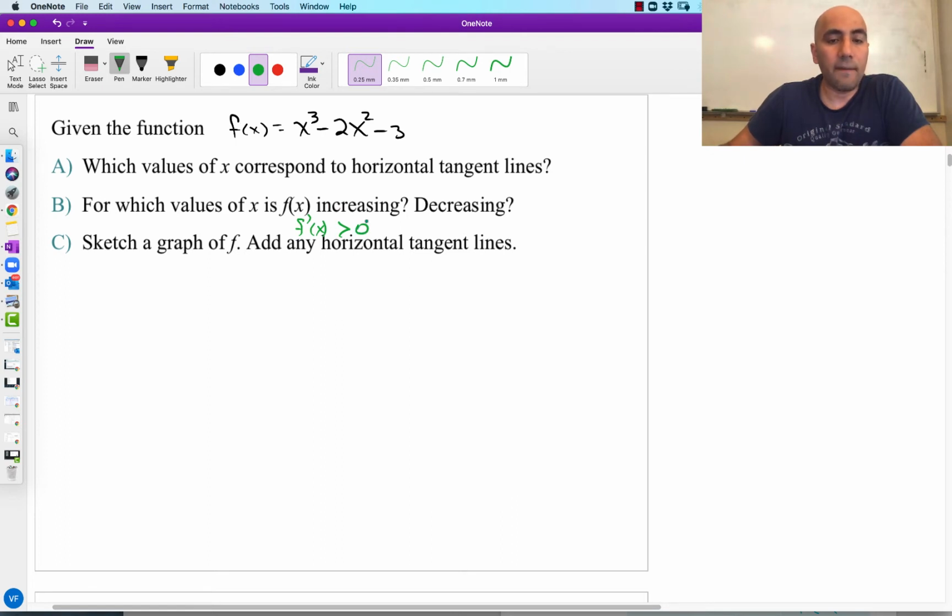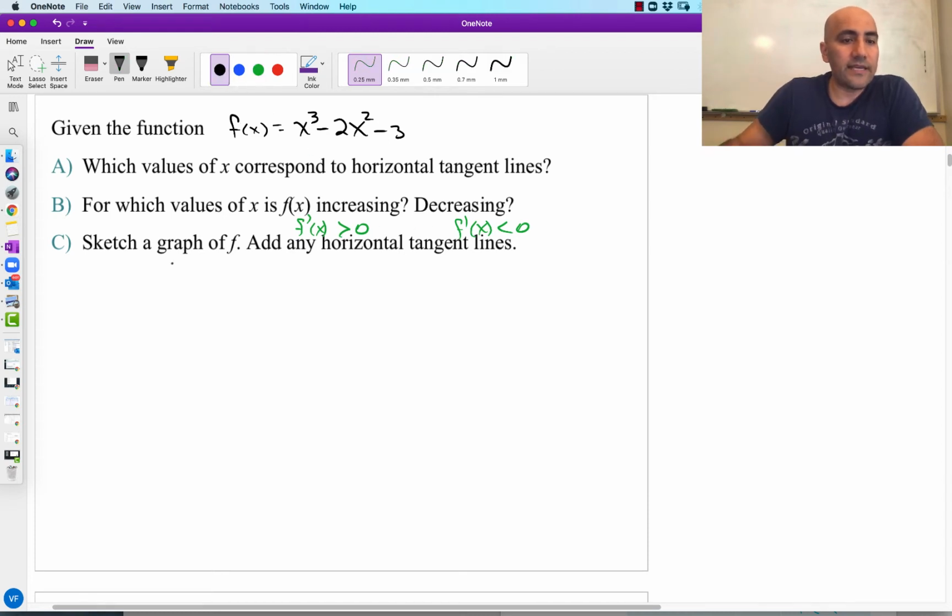It's positive. That means that the function is on its way up, it's increasing. And f of x is decreasing when that first derivative is less than 0, whenever it's negative. So for that reason, in order to answer these questions, we've got to figure out that derivative.